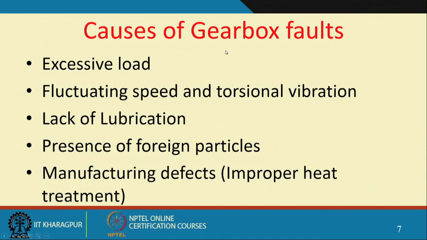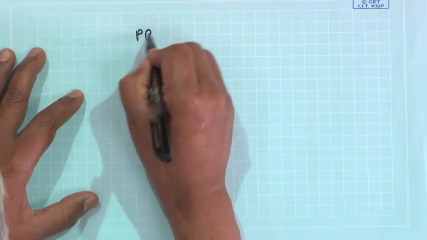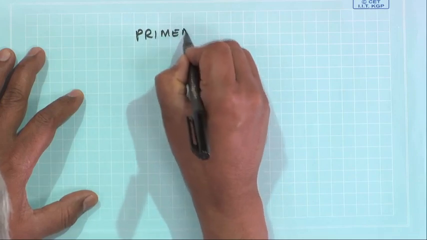So, what are the causes of gearbox faults? Excessive load, fluctuating speed and torsional vibration. Why does fluctuating speed occur? By now, you must have got an idea why fluctuating speed occurs. One is the prime mover.